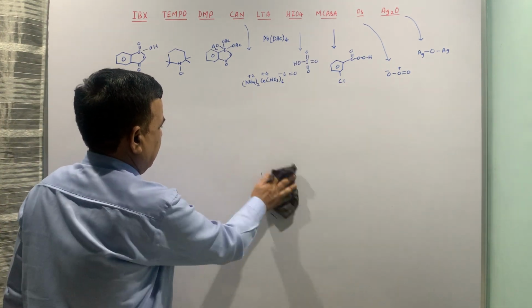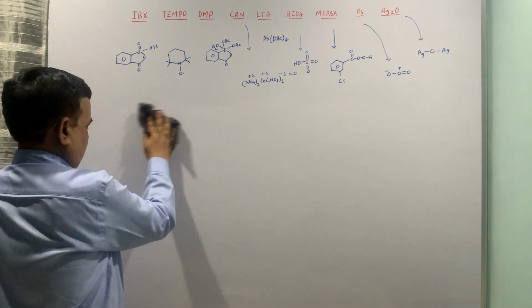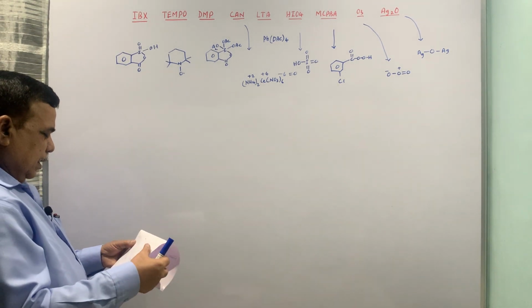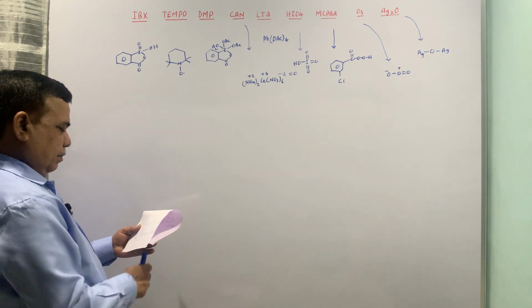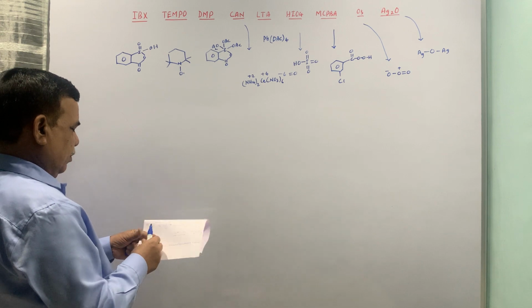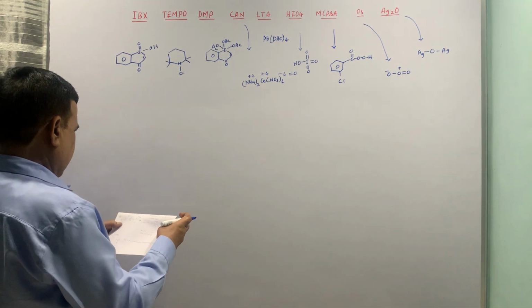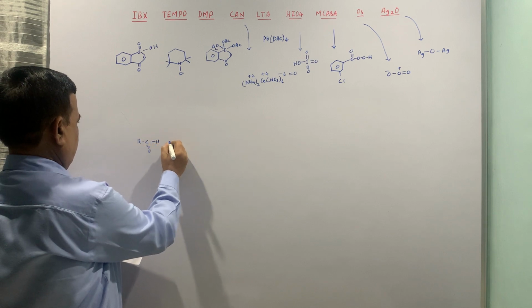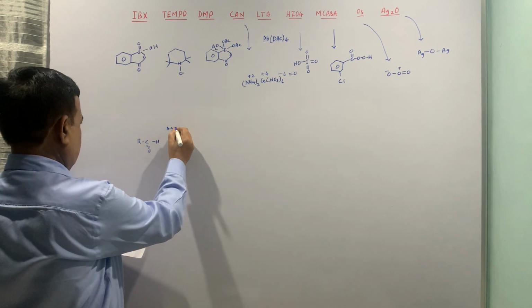Now silver oxide, the mechanism part we will just quickly go through, and it is not very convincing, but I will just put the mechanism here. RCHO, Ag plus.